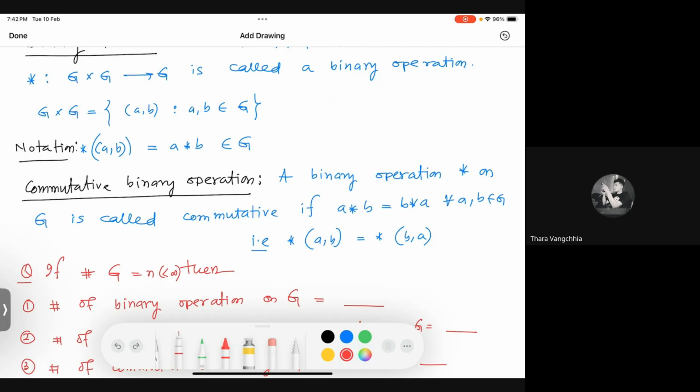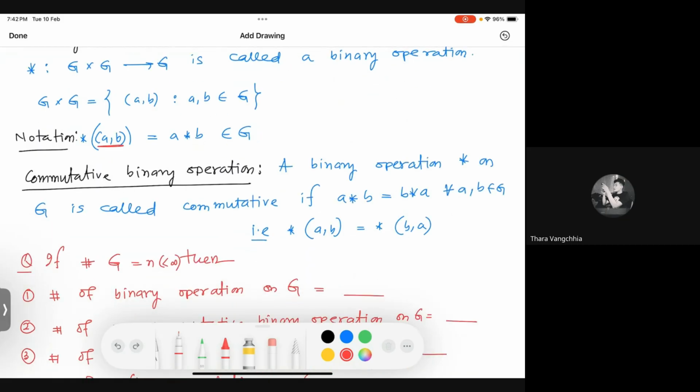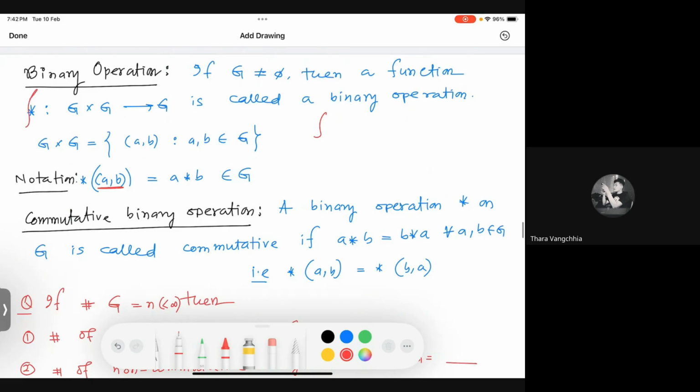So what is G cross G? G cross G is the collection of ordered pairs like this. Now I will write that this element goes to some element in G. Like, if I say f is a binary operation, f maps this element (a, b) to some element, say c, in G. I have written star here.